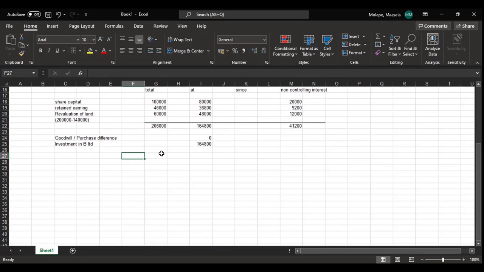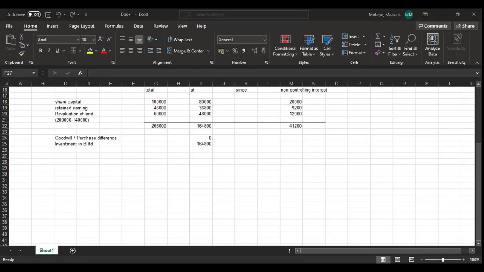You are referring to the current statement, the carrying amount of liabilities and assets not being equal to fair value.